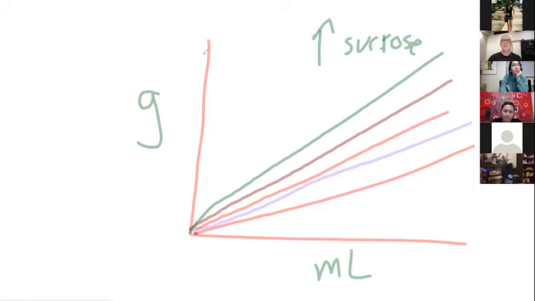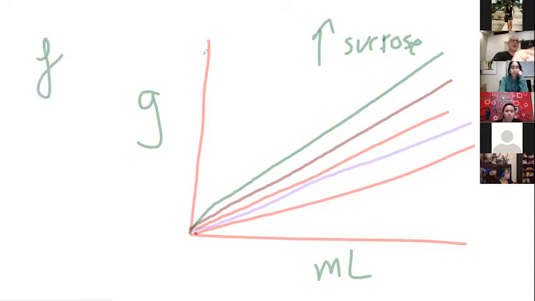The 10% sucrose is not going to be twice as dense as water or anything, but we should be able to tell them apart. And so the point of putting them all on one plot is that you can see how all of them look fairly similar to each other, and that they're all straight, but the slopes are slightly different. What should the y-intercept be?